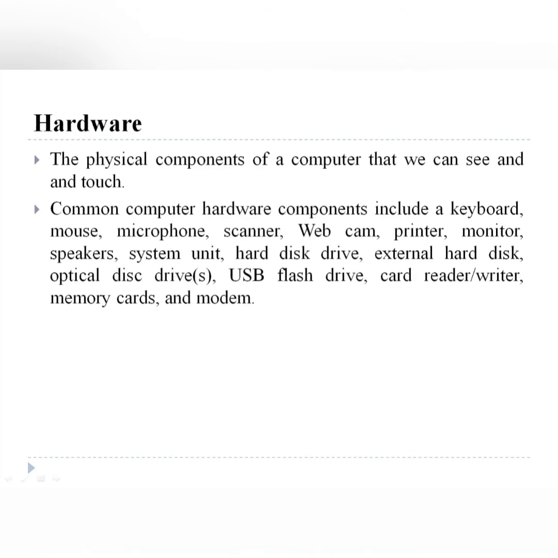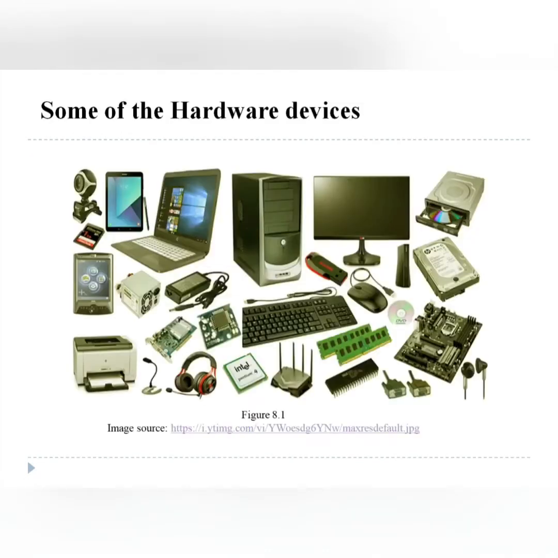This figure shows some of the hardware components. As I already told you, it can be any input device, output device, processing device or storage device. This figure shows some examples of hardware.